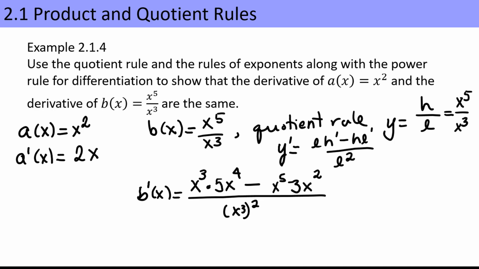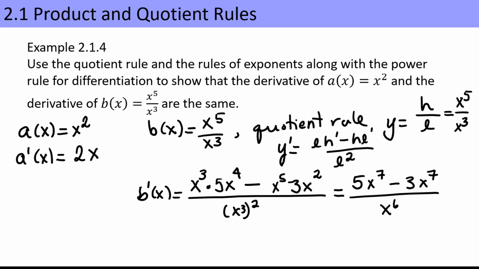That doesn't look like 2x. Let's hope some algebraic simplification helps here. So we'll work across, and I've got 5 x cubed times x to the 4th. That'll be x to the 7th minus 3, and then x to the 5th times x squared is also x to the 7th, and the denominator x cubed squared is x to the 6th.